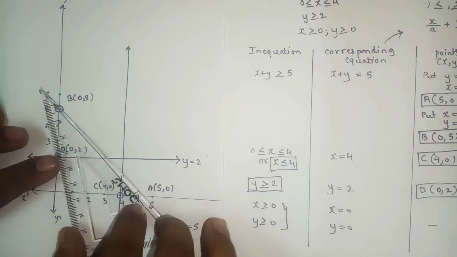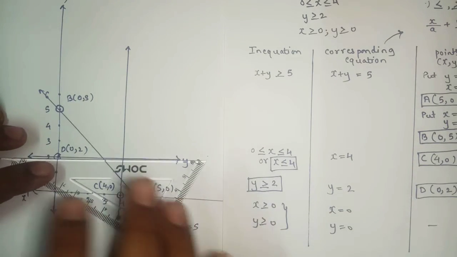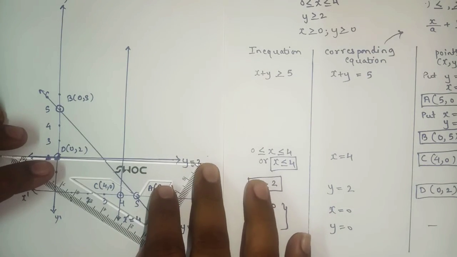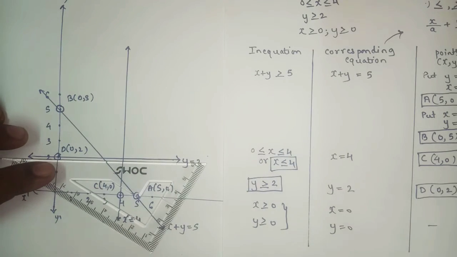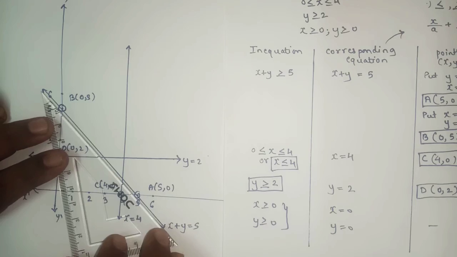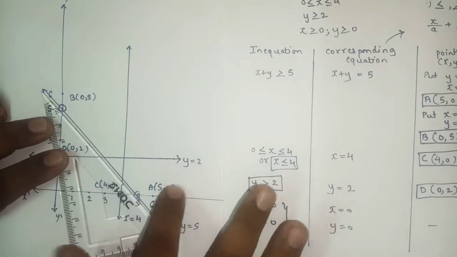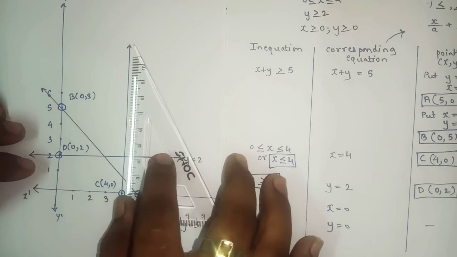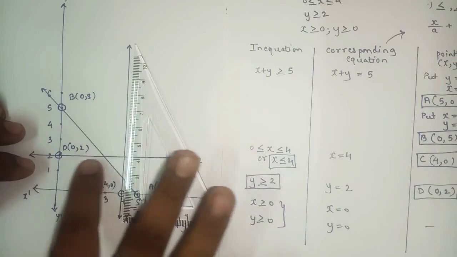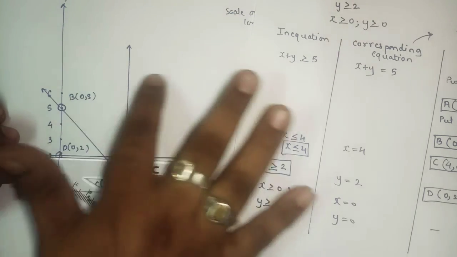Once again we'll check for all three equations which is the common region where we are getting the more shaded region. For this, this section will come, yes or no? This part, for this section, and for this part, this section.